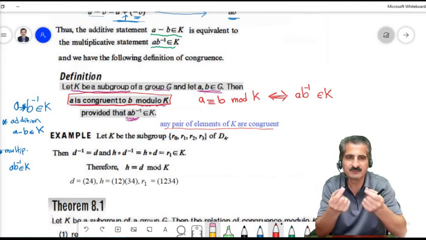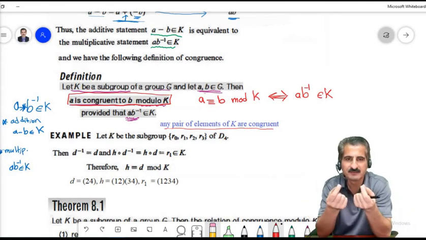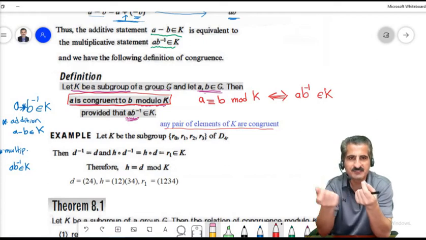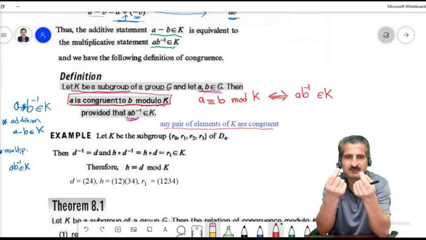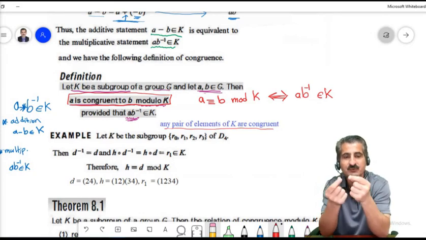Take two elements from inside K, say R1 and R2. Then R2 inverse lives inside K, right? Because K is a subgroup and R2 is an element of K. So R2 inverse lives inside K, and R1 is from K. Now multiply them, R1 R2 inverse.